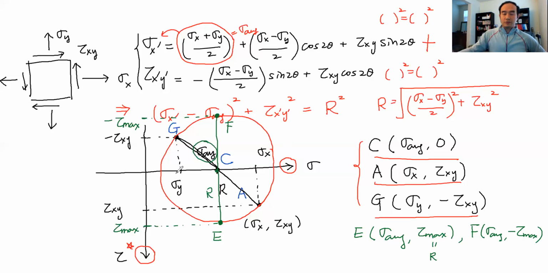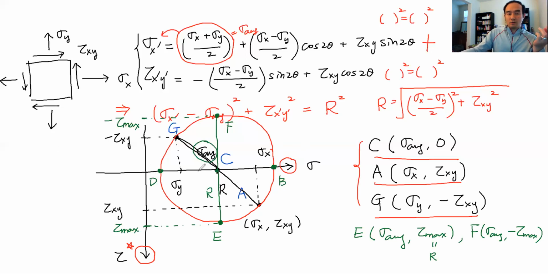There are two other special points, this one and this one, the two intersection points with the horizontal axis. This one is point B, and the other one is point D. I said any point on the circle represents a state of stress, and these are the points where we can maximize the normal stress.